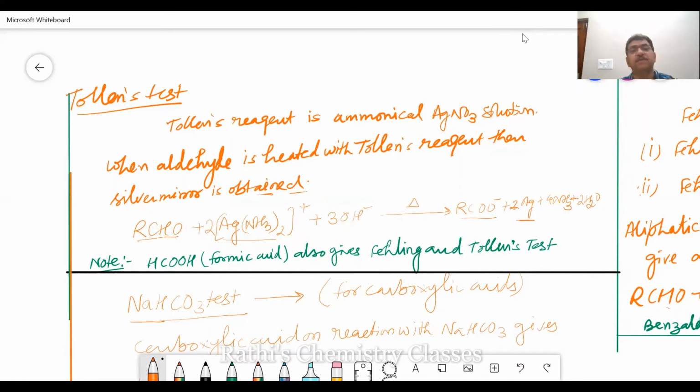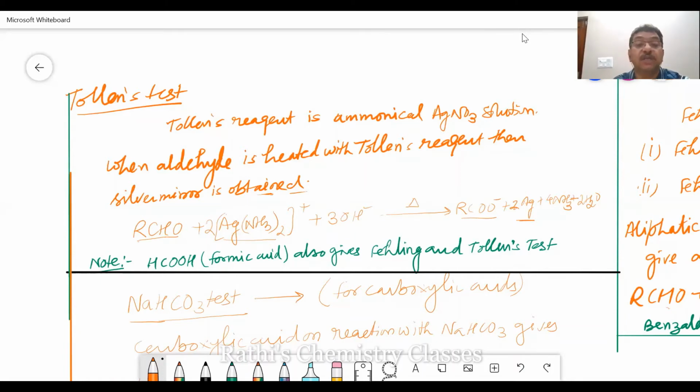Whenever you have to distinguish any aldehyde from another compound, try to use Tollens reagent instead of Fehling solution, because aromatic aldehydes do not give the Fehling test. One very important point: formic acid also gives the Fehling as well as the Tollens test.